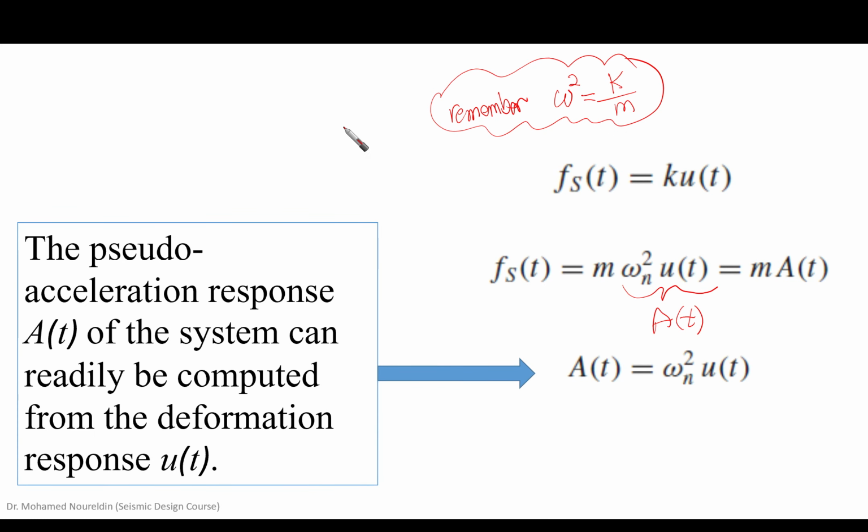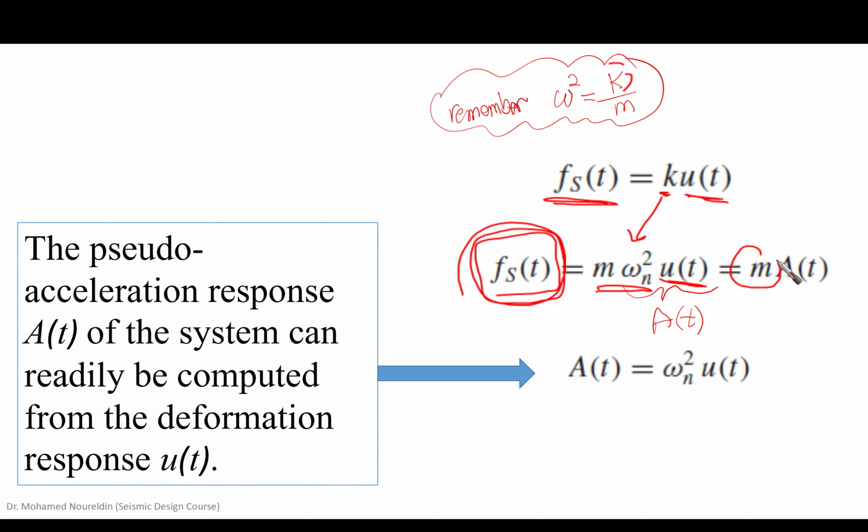Okay, now look at this f of s. As we said, f of s equals k times u of t. Remember well that we have omega squared equals k over m, right? So k here, we can put as m times omega n squared, times u of t. But this is f of s, which means force. Force means what? Mass times acceleration.